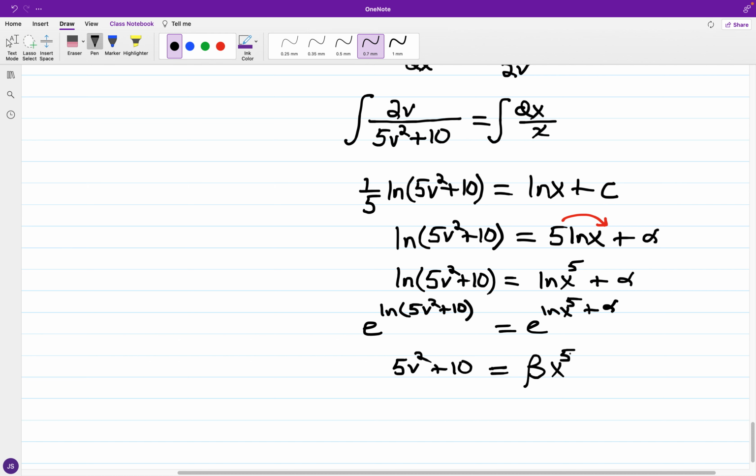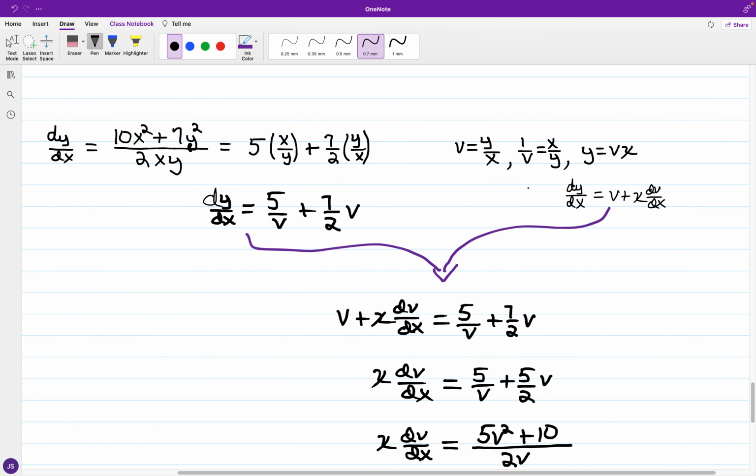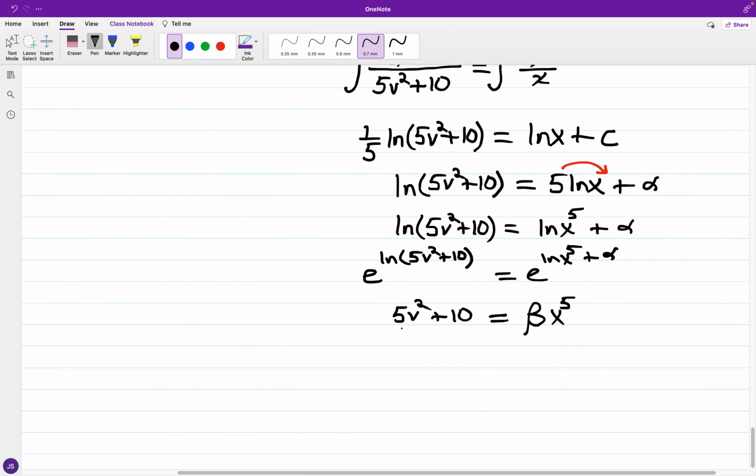Okay, and so looking at what we have for v squared, again we had that v is equal to y over x. And I'm just going to get this by itself ultimately. So you have 5v squared plus 10 is equal to beta times x to the 5th.